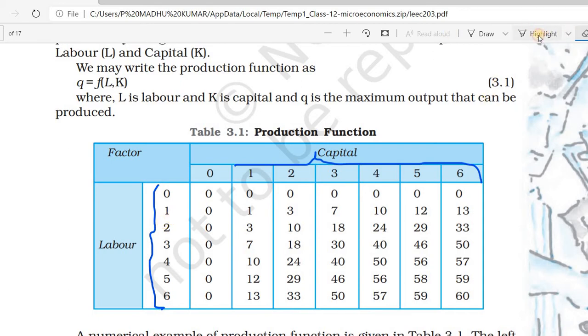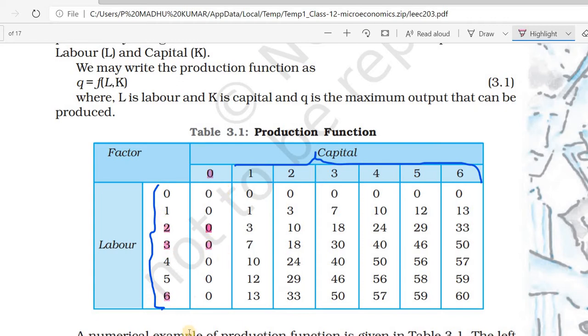Here you can see labor is 2, capital is 0, and production is 0. What is the reason? Because capital is 0. Here labor is 3, capital is 0 and production is also 0.